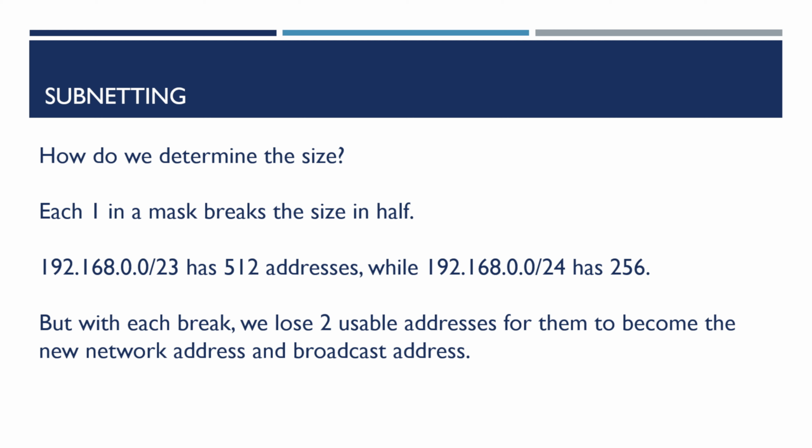The 1.255 address would be assigned as a broadcast address. If we cut it in half, we're going to lose 1 additional usable IP from each new subnet to fill in for either the network or the broadcast address on those new subnetted networks. So we lose 2 total available addresses when we cut the network in half.